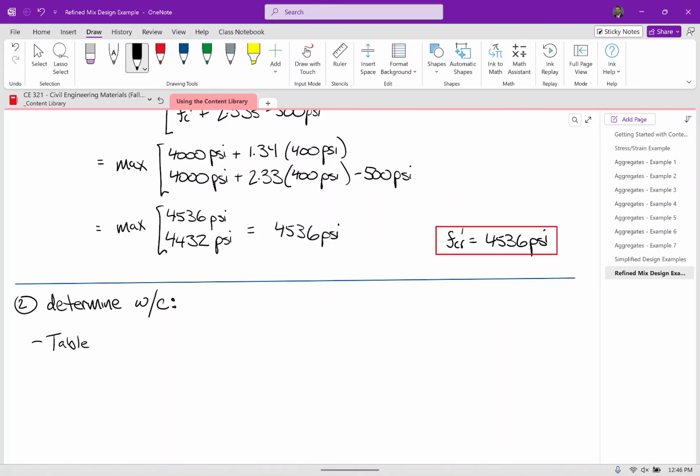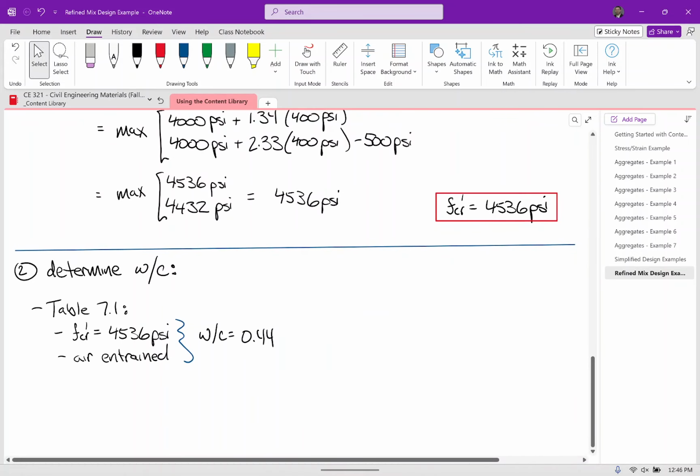Table 7.1 will say FCR prime is 4536 psi. We'll say air entrained, that means a water cement ratio of 0.44. That's where we're getting at.